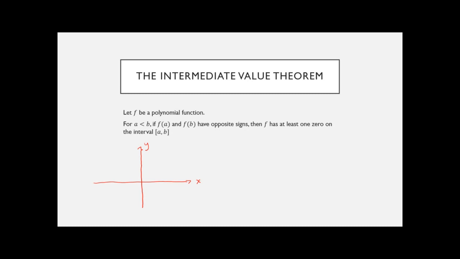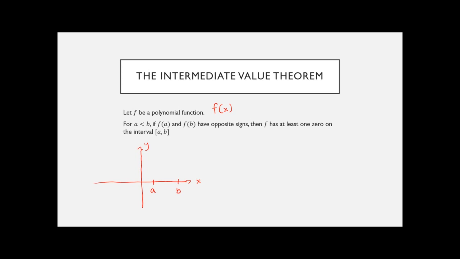So we have for a less than b, and then f of a and f of b. Polynomial functions, if we're calling it f, that's f of x. So if we have f of a and f of b, then a and b are x values. We have two x values, and it says a is less than b, so one of them is smaller than the other. So let's say I just label one of them a, and the other one b.